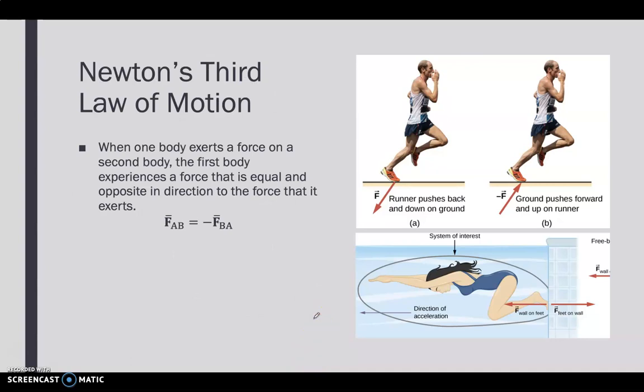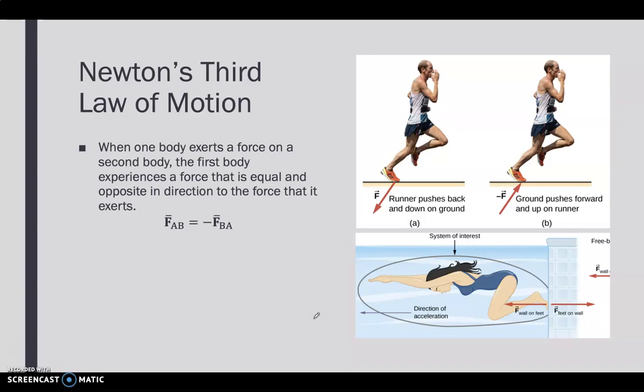Alright, so let's move on to Newton's third law of motion. When one body exerts a force on a second body, the first body experiences a force that is equal and opposite in direction to the force that it exerts. Basically, it's saying that there is an equal and opposite reaction to any action.